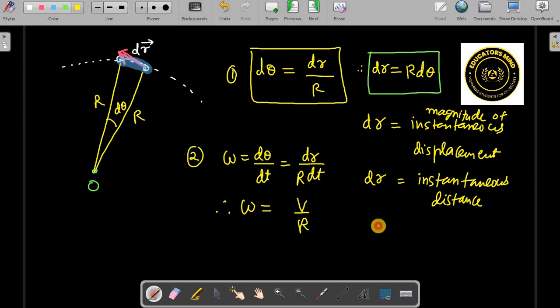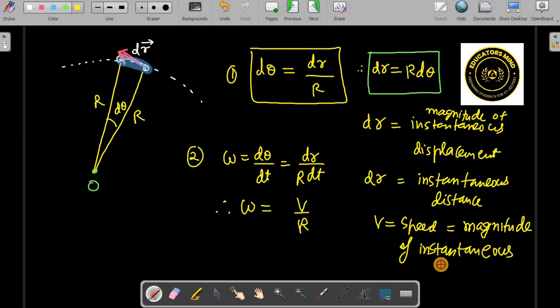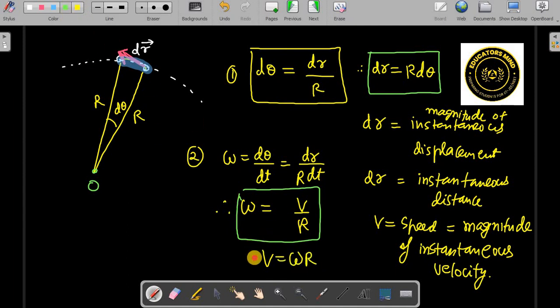Remember, v refers to speed, which is also the magnitude of instantaneous velocity at that particular point. So this is the relation between v and omega, or you may say v equal to omega r. That is what we generally write, isn't it?